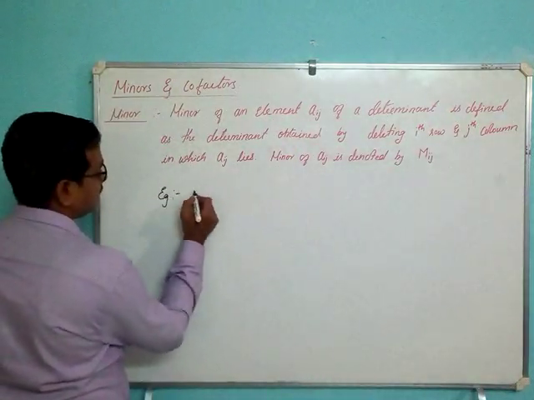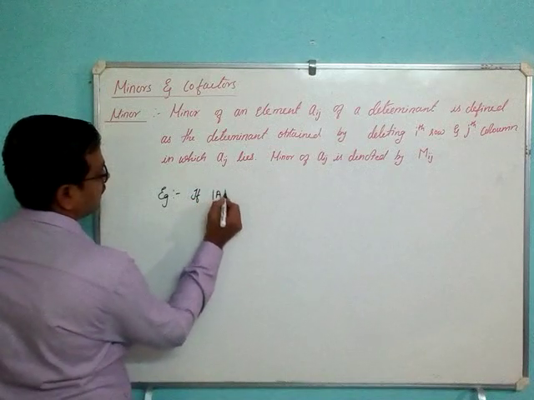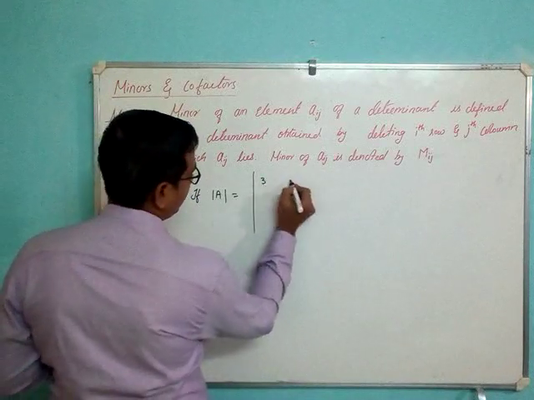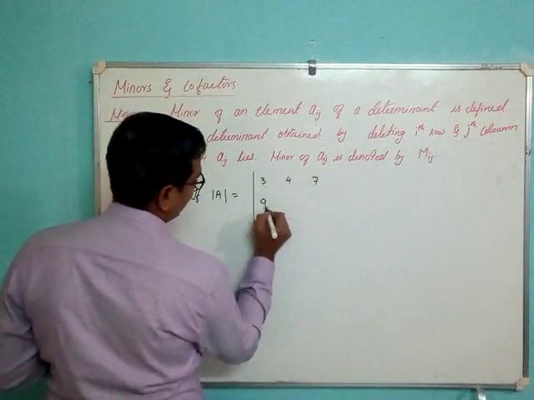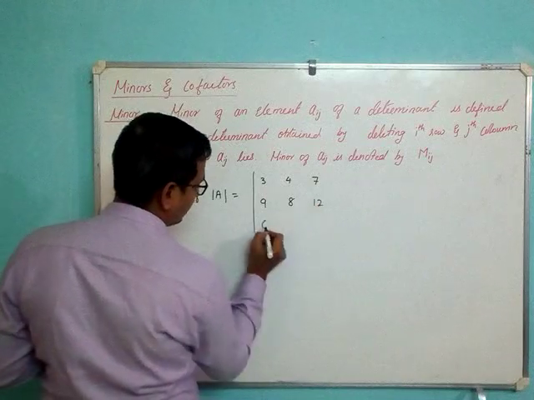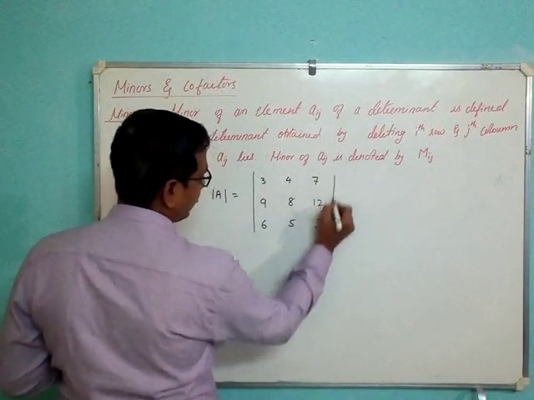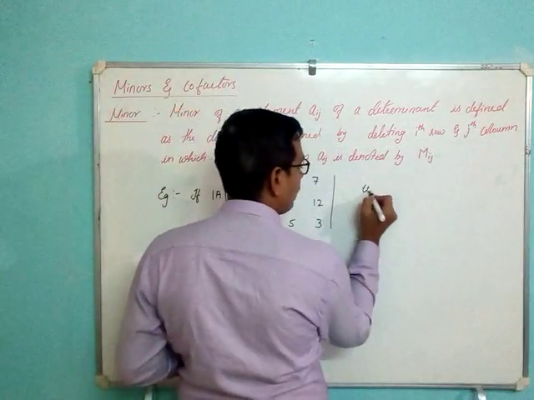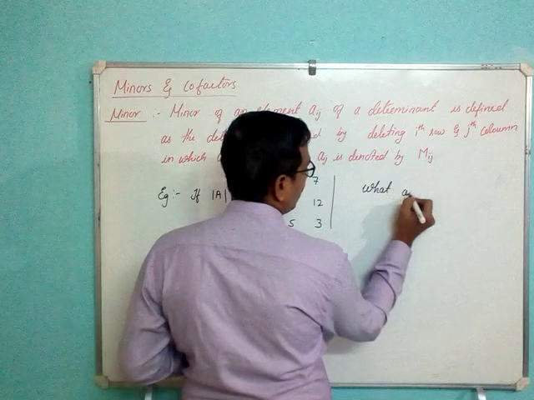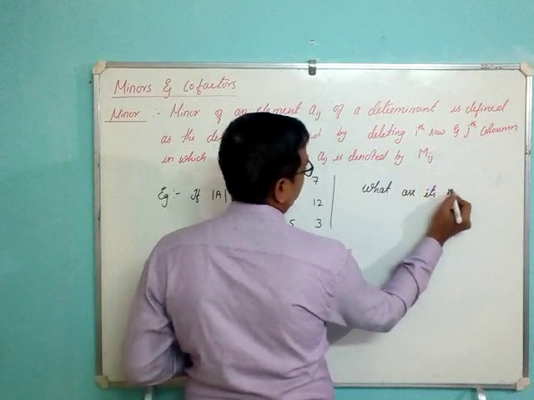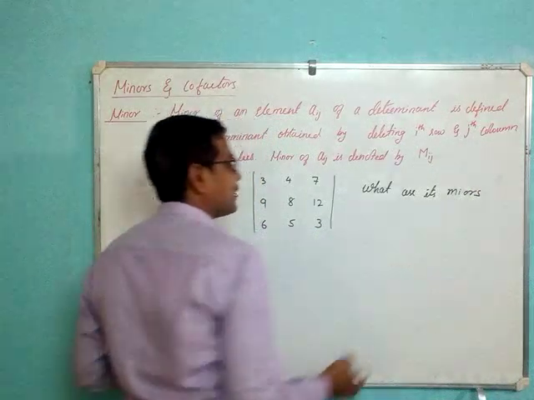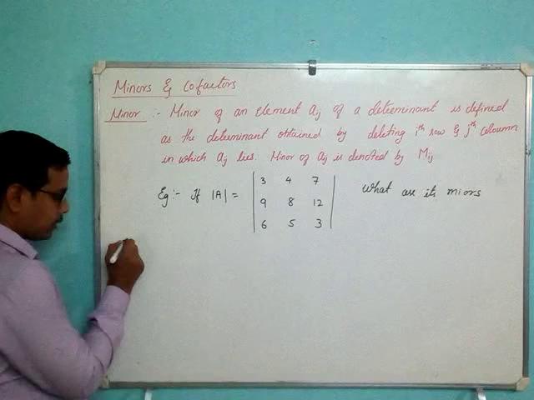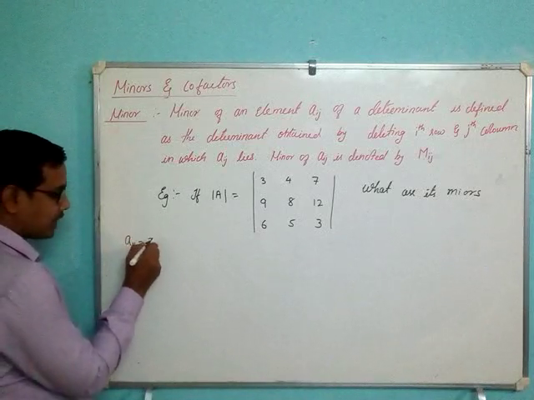For example, if determinant A is equal to 3, 4, 7, 9, 8, 12, 6, 5, 3. Take any determinant. These are 3 cross 3 determinants. Then what are its minors? If this is the question, A11 is equal to 3.